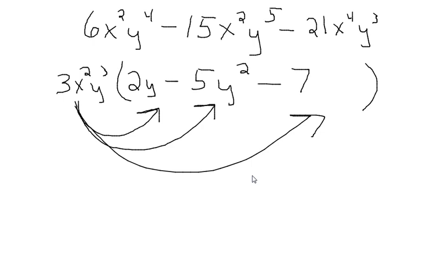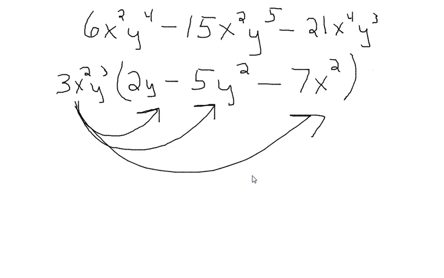That's 7. X squared times what will give me x to the fourth? That's x squared. And then y cubed times what will give me y cubed? Well, I could put a 1 there if I wanted to, but I don't need that, so I can just leave it as 7x squared.